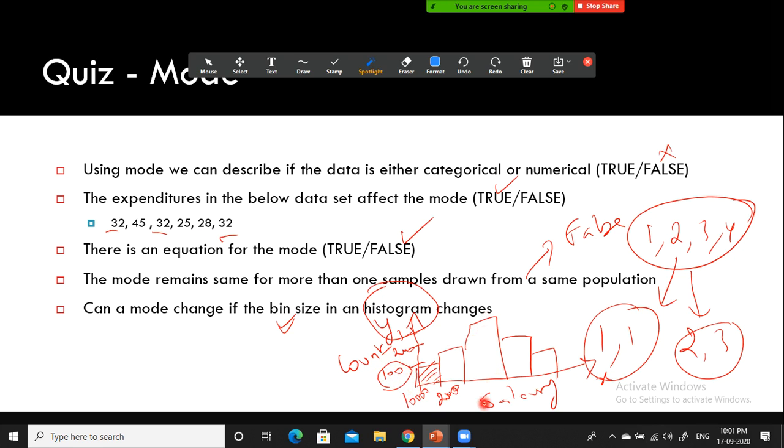Then 30,001 to 40,000, right? Let's say here 300 employees. This is the mode, because it is the most frequently occurring value. The taller the bar, that is the mode. You just think that way, okay? Because 300 employees are getting a salary in this range, hence this is the mode, right?